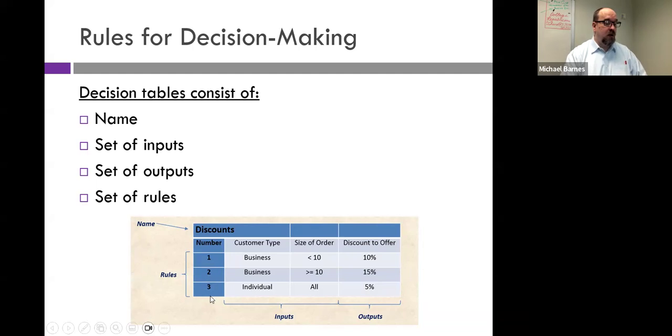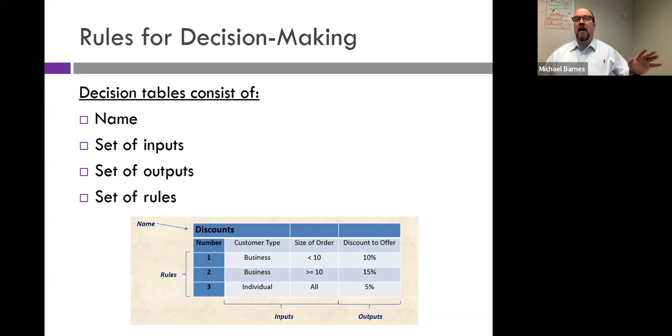We've got three rules associated with them, and they're going to be contingent on the customer type and the size of the order. For business rules, any order that's less than 10 items is going to get a 10% discount offered. If it's greater than 10, then you get a 50% discount, but all individual transactions only get a 5% discount. So that's how we would interpret those.